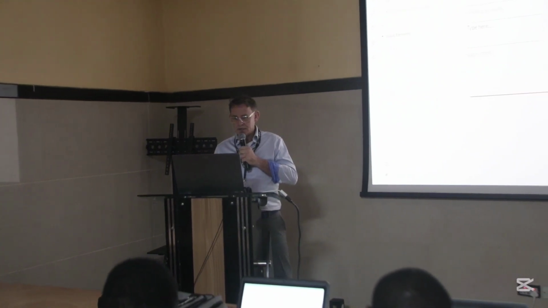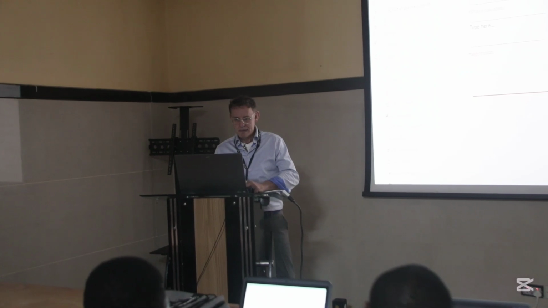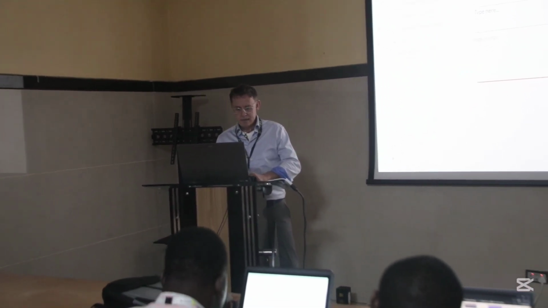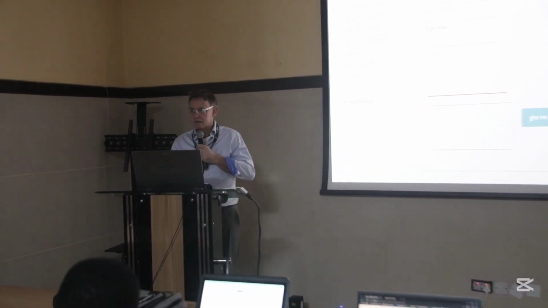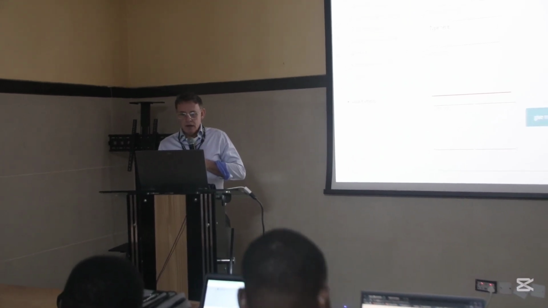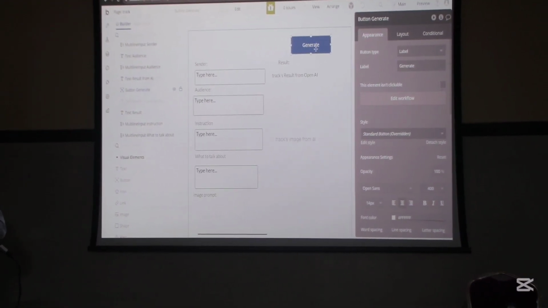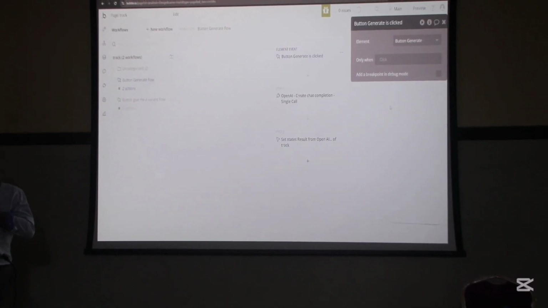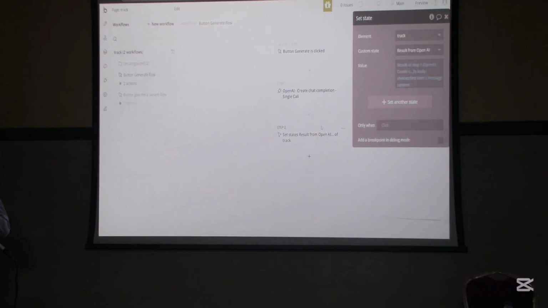So first I will go into my bubble editor and the design. This text error, just so that I know, all right, I have a place. Yeah, so we can find that. But it doesn't matter, it's the same. So I'm on my text generation button, and I go into that workflow. And what I need to do is I only need to add a little something to step 2.